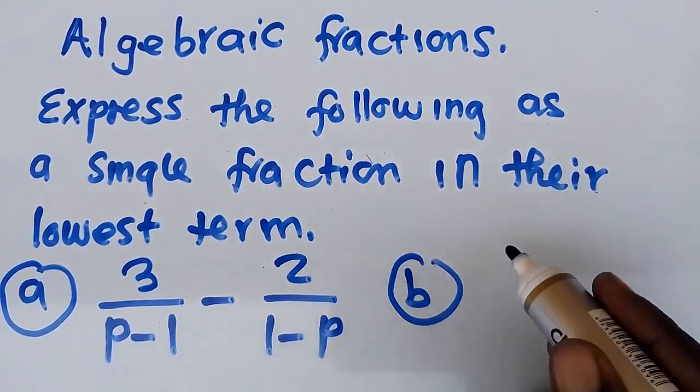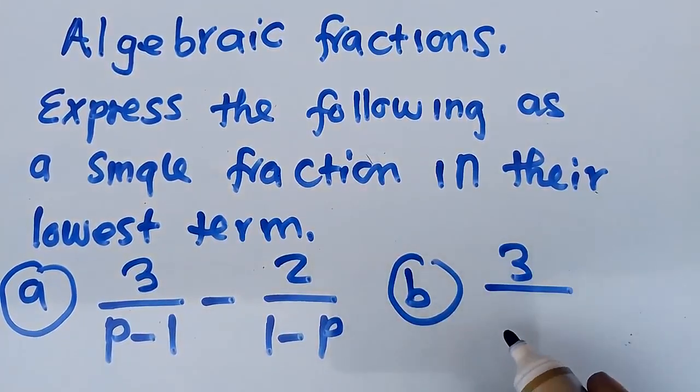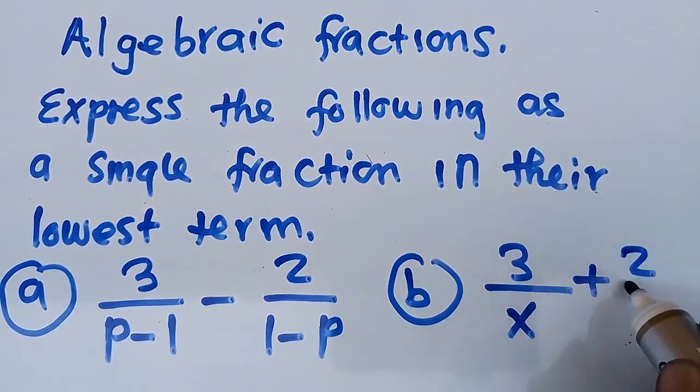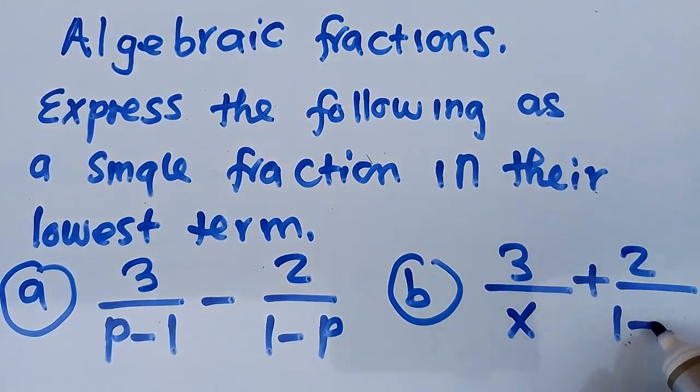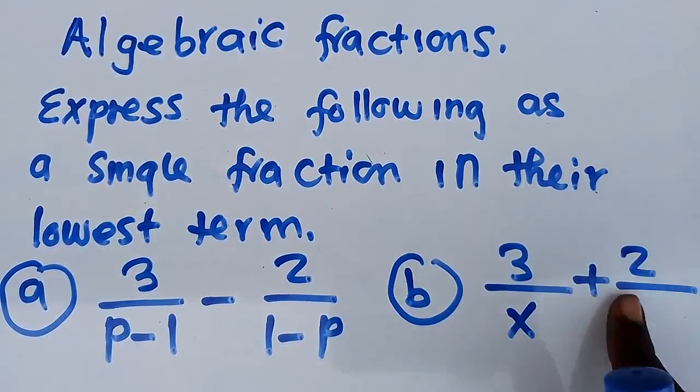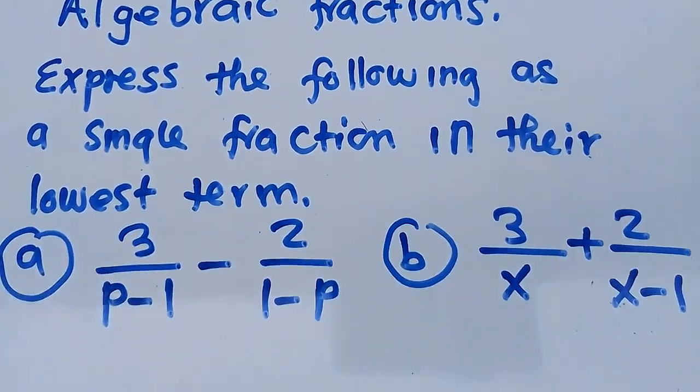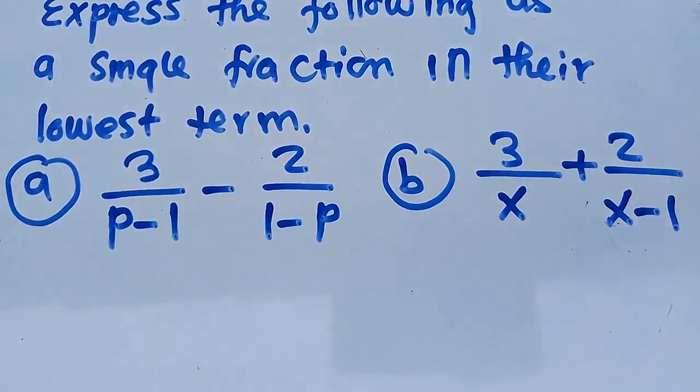B, you are given 3 over x plus 2 over 1 minus x minus 1, like this. This is what you are given. Then we've got the last one. Let us start with these, then see how we are going to answer them.